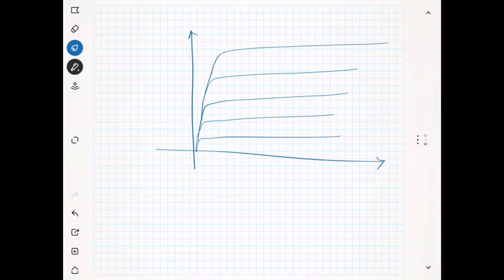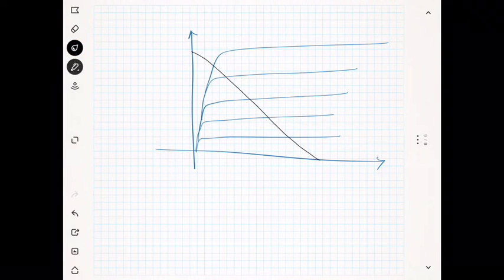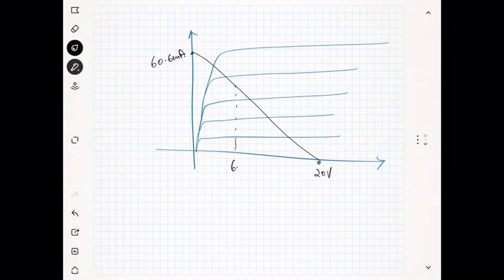So with this transistor characteristics, we have drawn the load line. You remember the load line: this is 20 volt and this is something around 60.6 milliampere. Our previous Q point was 6.93 volt, and the IC was 39.6 milliampere.